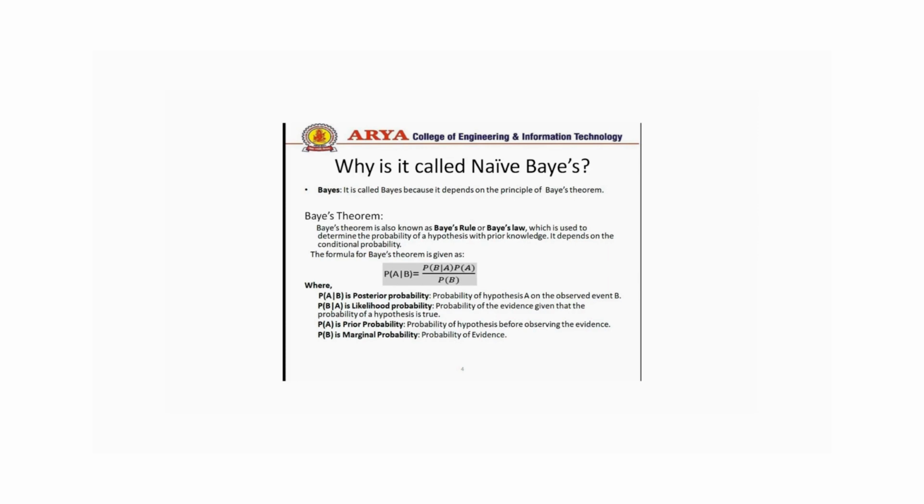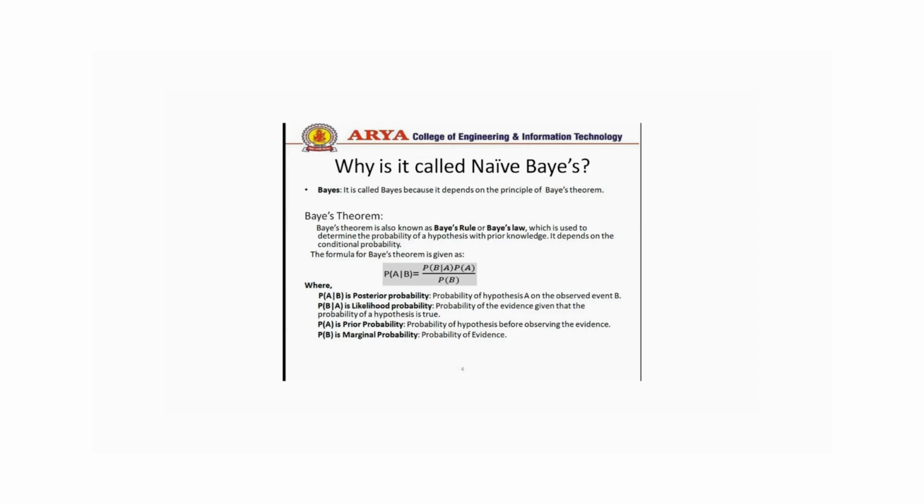To calculate posterior probability, the probability of A given B can be written as probability of B given A into probability of A divided by probability of B. Posterior probability is the probability of hypothesis A on the observed event B. Probability of B given A is the likelihood probability, which can be considered as the evidence given that the probability of a hypothesis is true.